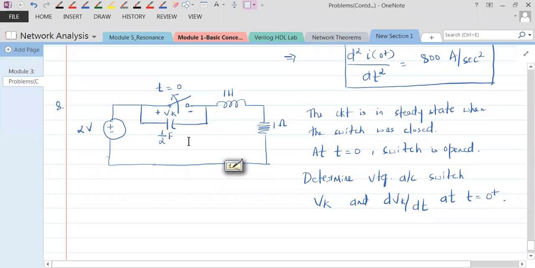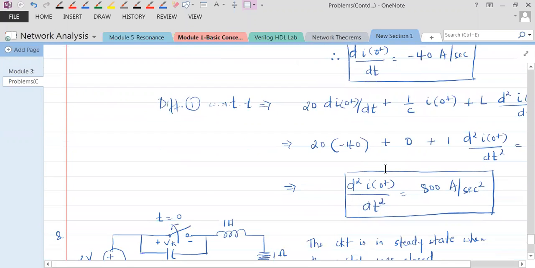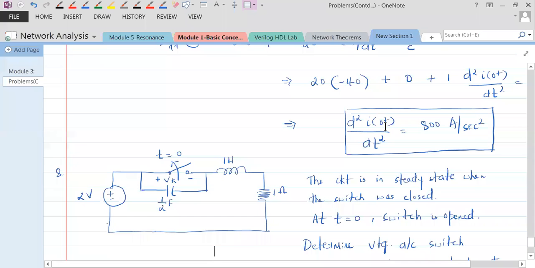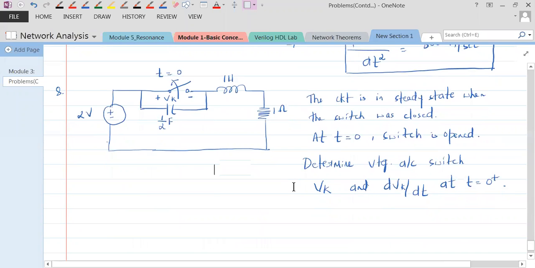Get that point? Okay, and till now we were asked to find the first order and second order differentials of current through the inductor. But for a change, we are asked to find the first order differential of the voltage. Can we get the first order differential of voltage by applying KVL is the question we need to ask. Okay, so let's go ahead and see what is going to happen.